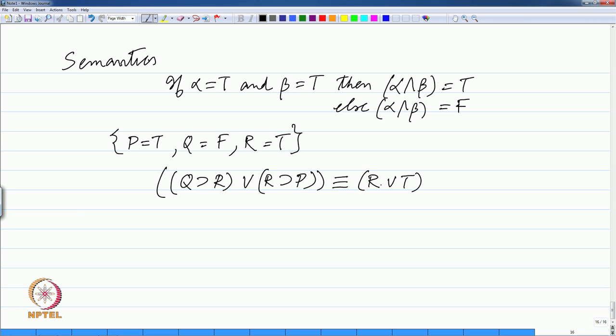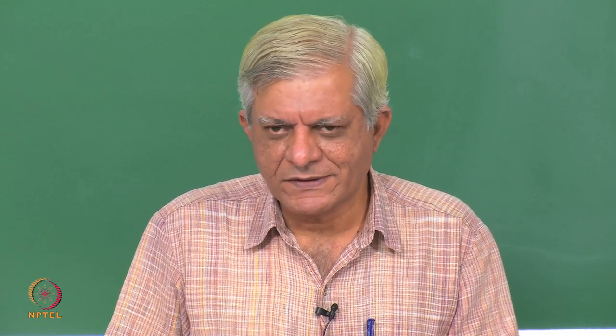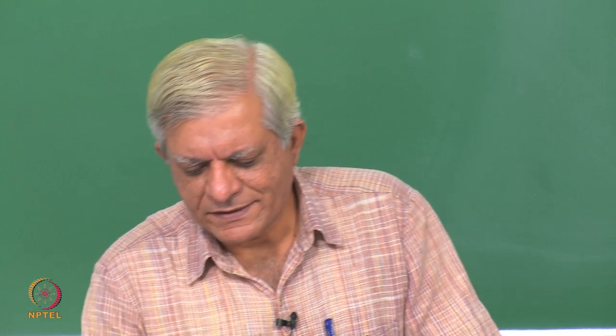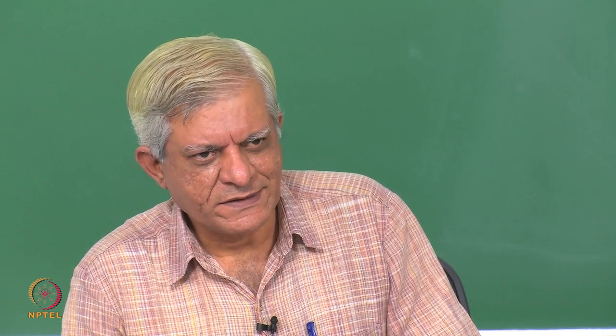So, some random formula I have written. The question that we would like to ask is that, and you know that we can construct an infinite set of formulas like this. So, given any arbitrary formula like this, the question we are interested in is whether this formula is true or false, based on the fact that we have been told that p is true and q is false and r is true.